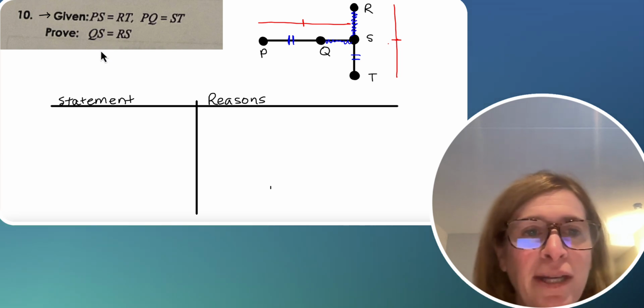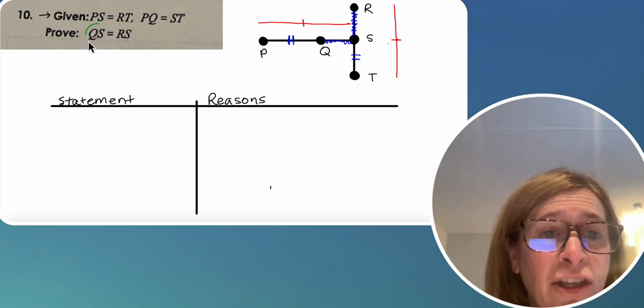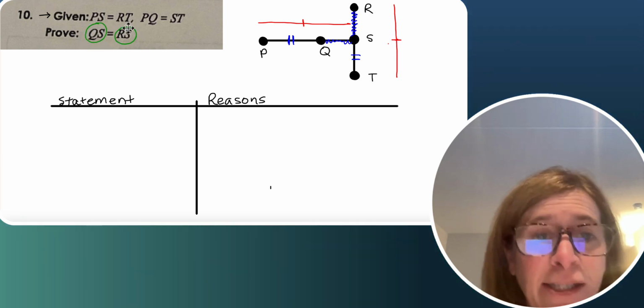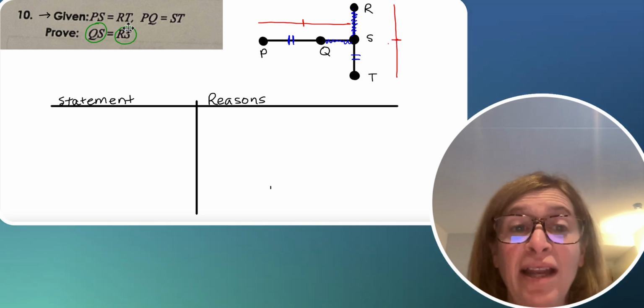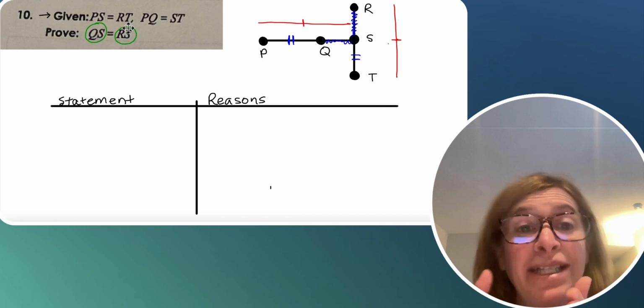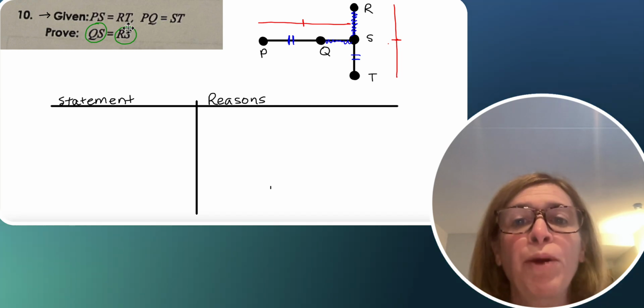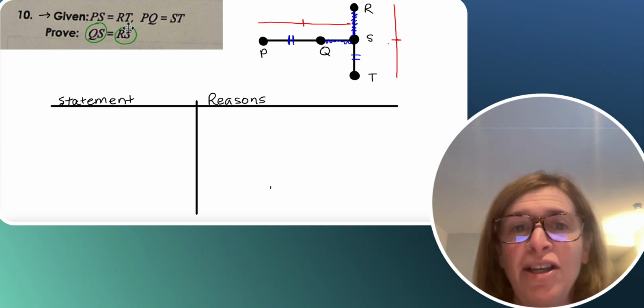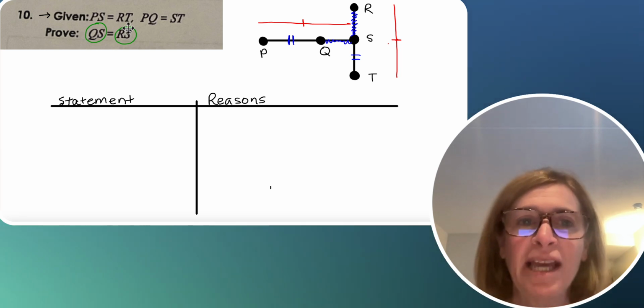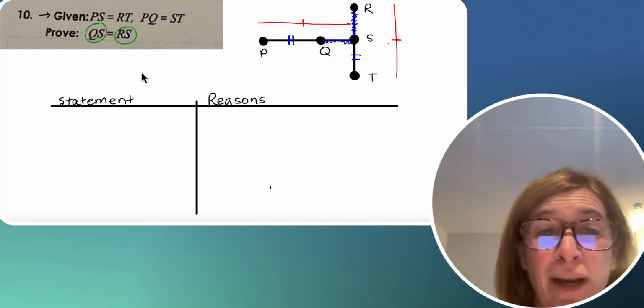The fact of the matter is, I'm trying to prove that QS and RS are equal to each other. And right now, I have no way of getting those little segments into my proof without breaking PS and RT into the sum of its parts. I always call the sum of the parts equals the whole the segment addition postulate.